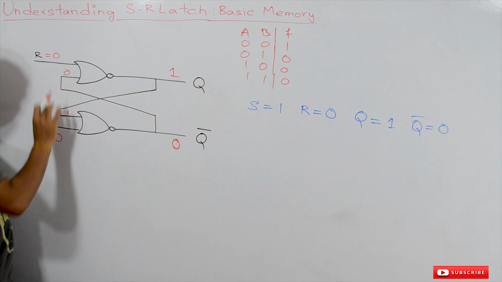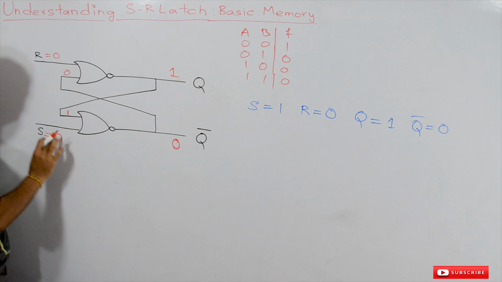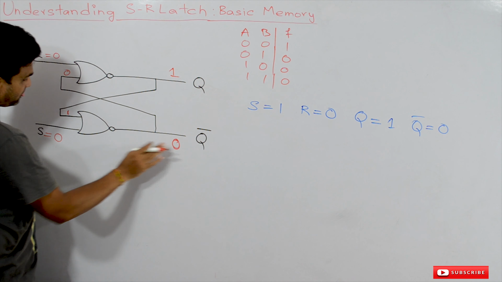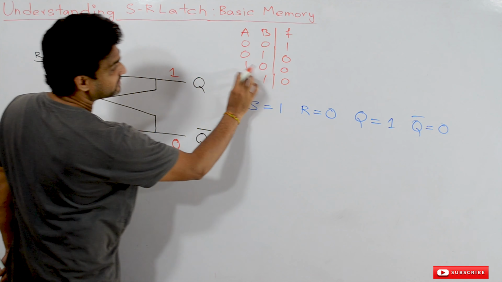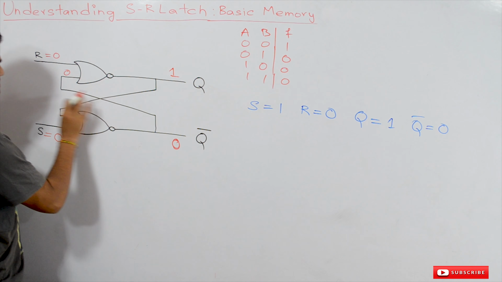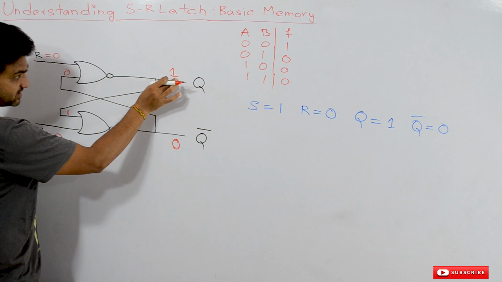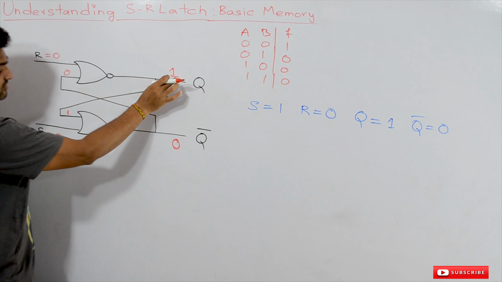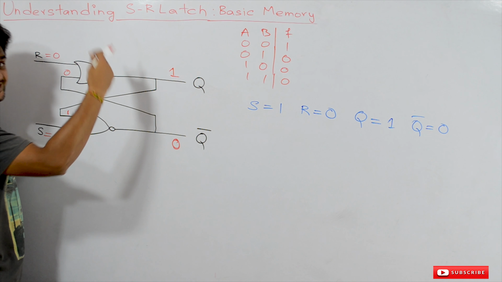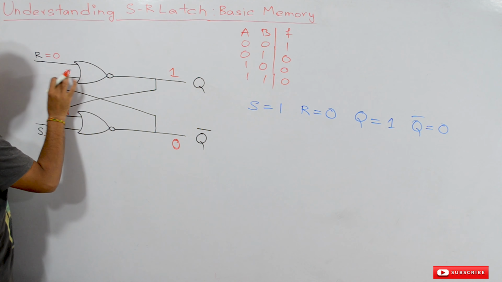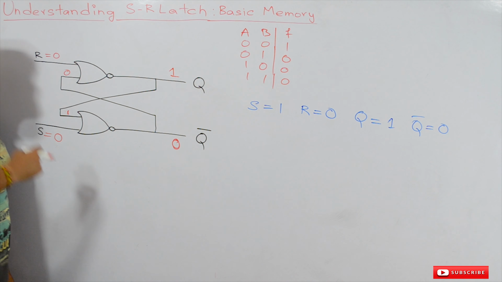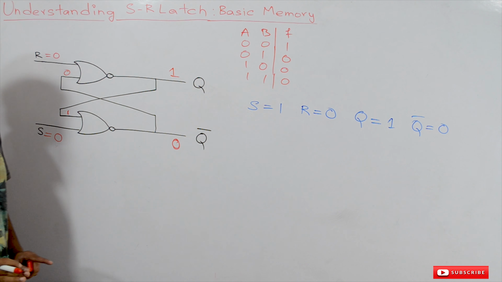Because the values of inputs have been changed to 0 0, with 1 0 it is 0, and this 0 is provided as the input, and the value here will remain the same as 1. Again this 1 is provided, 0 0 is provided, and we get 1. So the circuit remains the same.